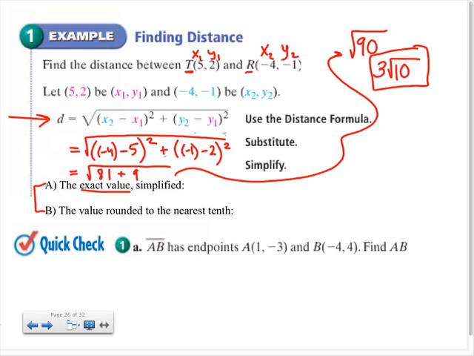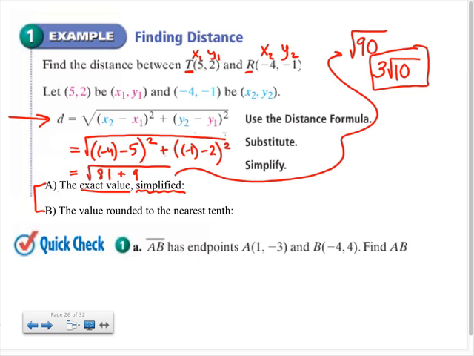However, the fact that I asked for it simplified, and you should really always simplify a square root, means that you really need to have simplified this by pulling out the perfect square, which is 9, and rewriting the answer as 3 radical 10. So 3 radical 10 is the answer for part A.